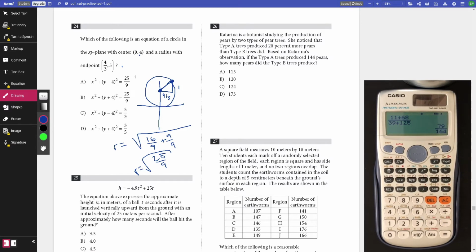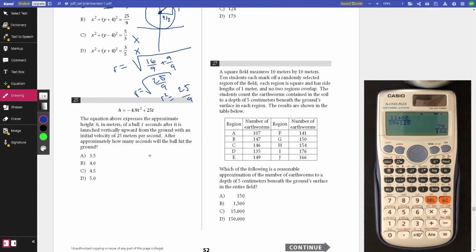But of course in the circle equation, it's r squared, so r squared is equal to 25 over 9. We can eliminate these two. The center is 4 up, and 4 up is this one, which is known from this part of the equation.